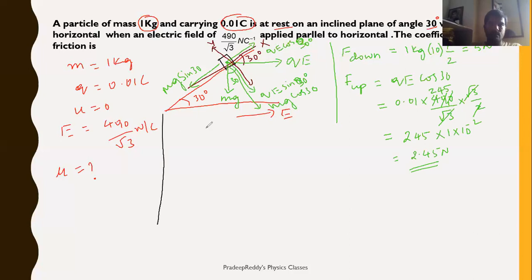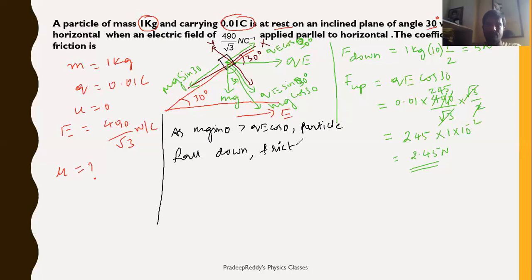As mg sin theta is greater than qE cos theta, the particle falls downward. Friction opposes its motion.